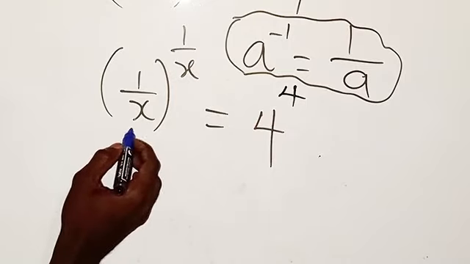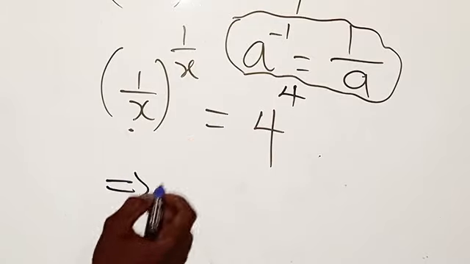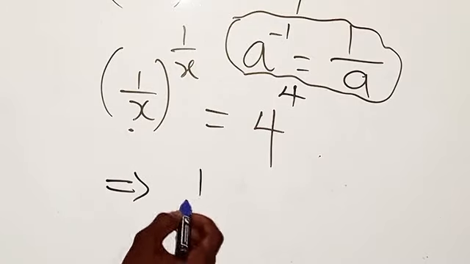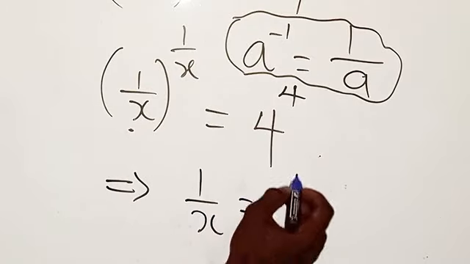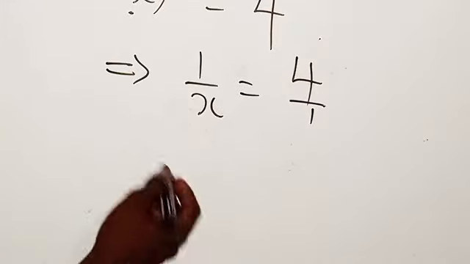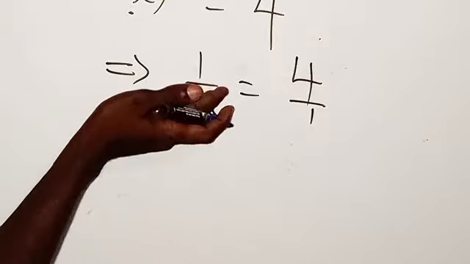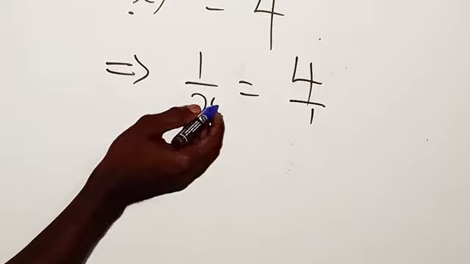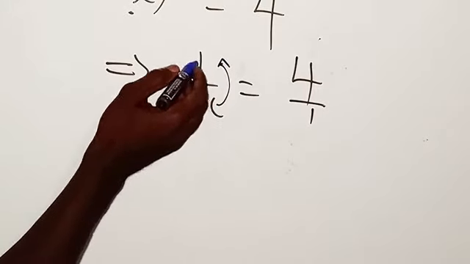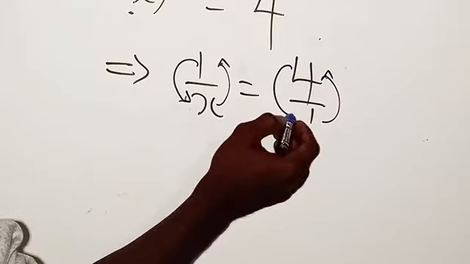Now from here, look at this base raised to itself. So this implies that 1 over x is equals 4. So now we can take the reciprocal. When you say taking the reciprocal of these two equations, it means we want to interchange. That is, this x will go up, 1 will come down, 1 will go up, 4 will come down.